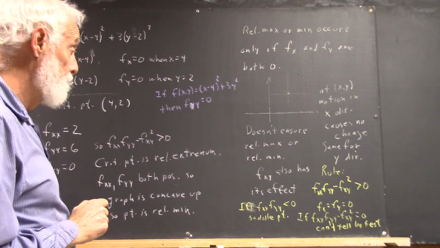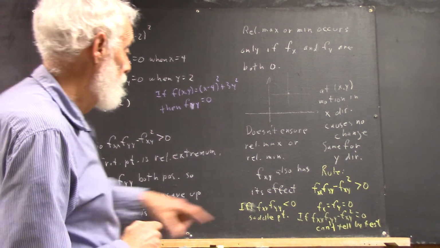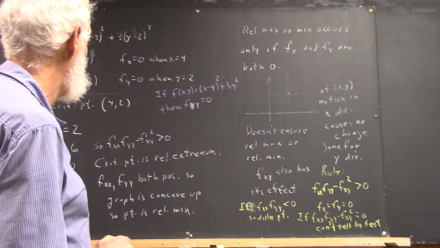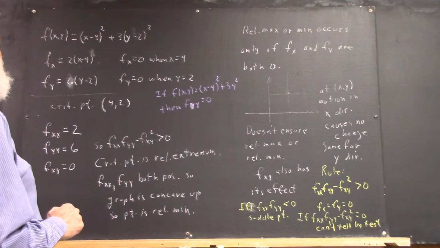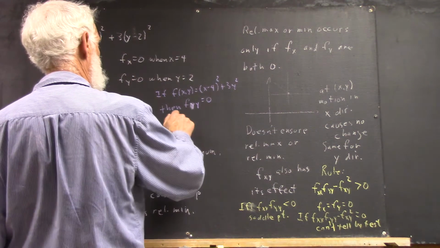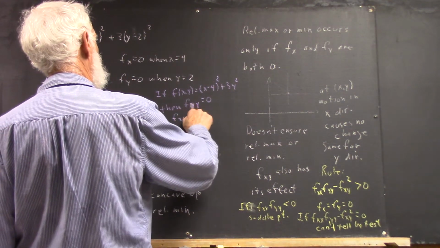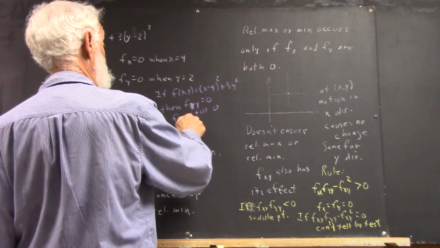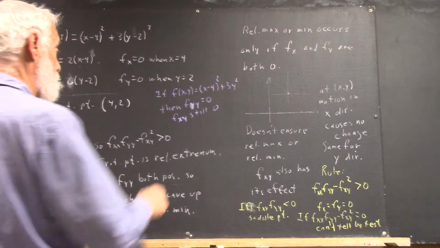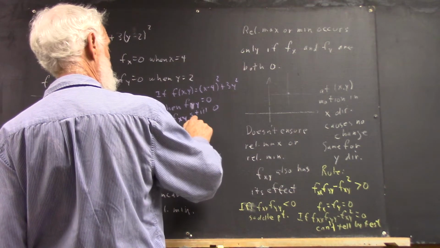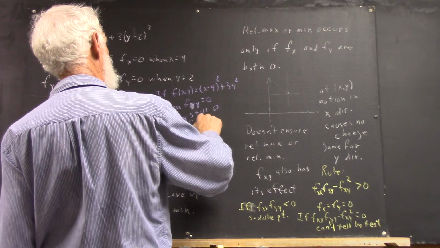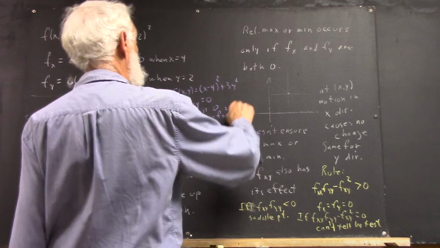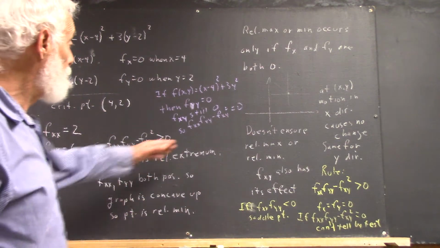Okay? Meaning that this is 0. But fxy is still 0. Okay? So fxx, fyy minus fxy squared is 0. Okay? So now our test doesn't tell us.